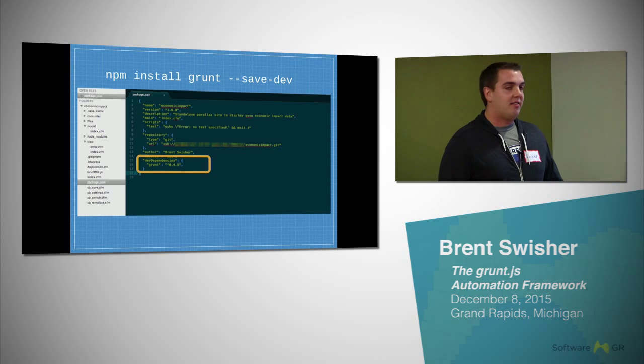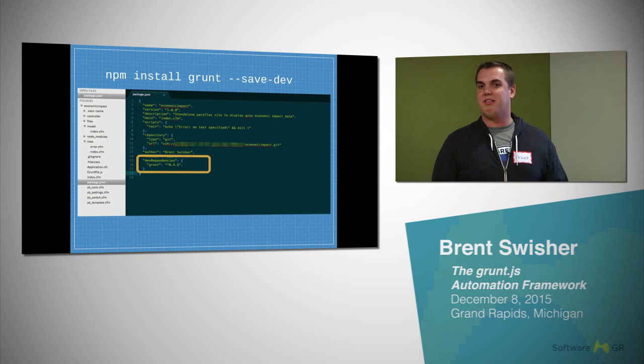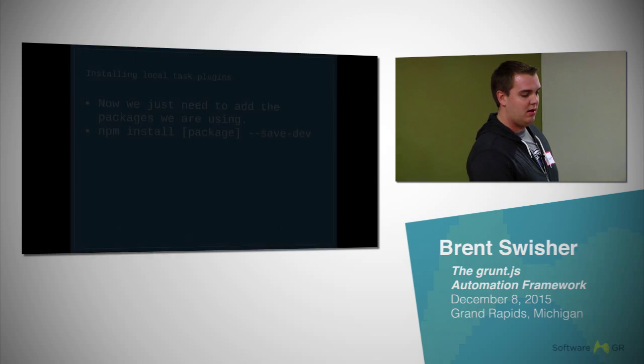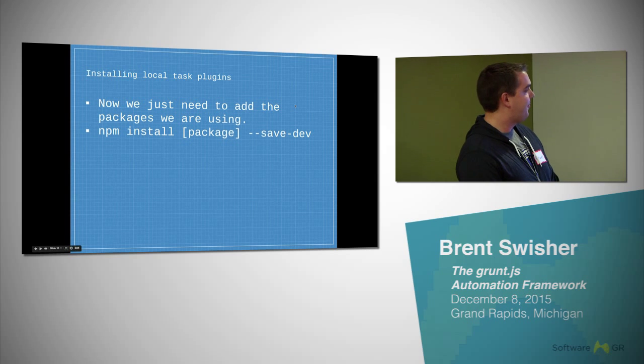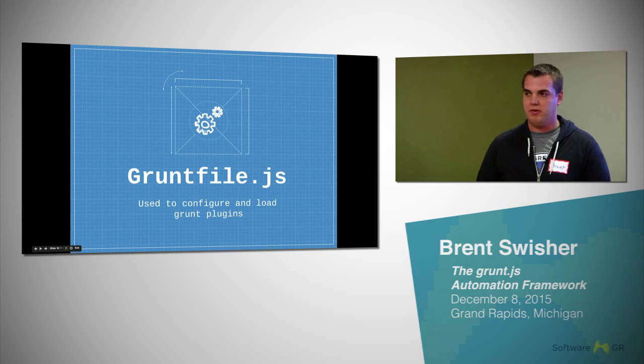If it's something else, you can also just do --save, and that will add a property called dependencies, which says this is what this project needs to run. Typically the things you're installing for Grunt, you just need for development, not necessarily for production. So that's why you do the --save-dev, like that.